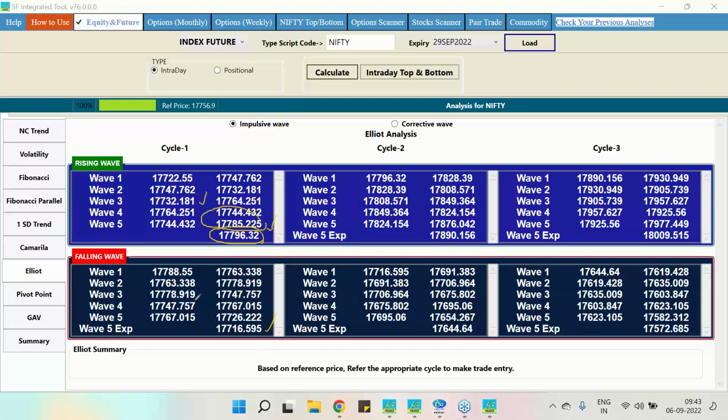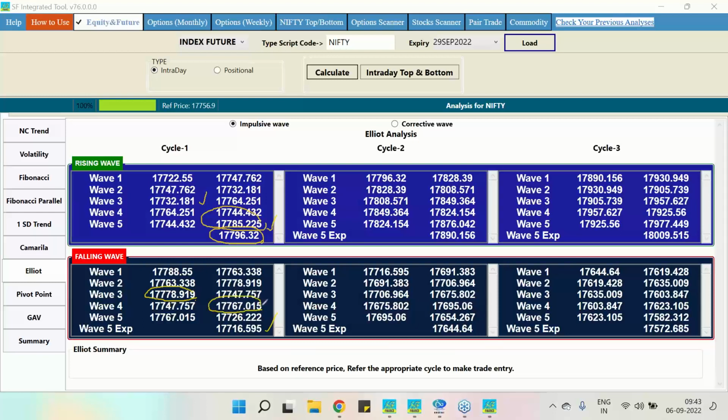Same process. Once the price falls back, at the wave 3 starting point, 17,778, you can sell, or you can sell at 17,767.